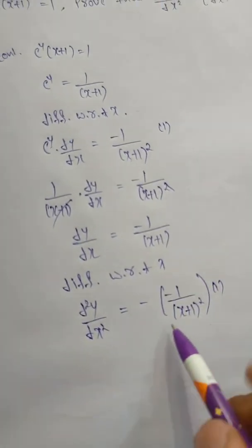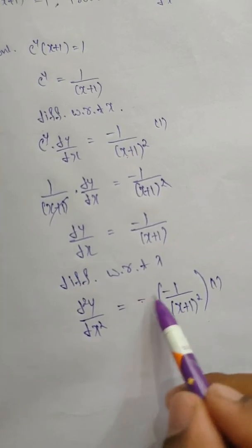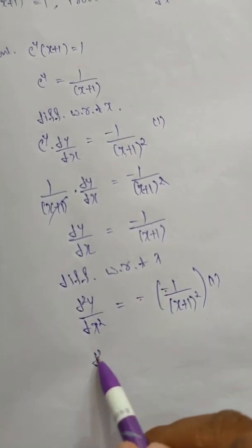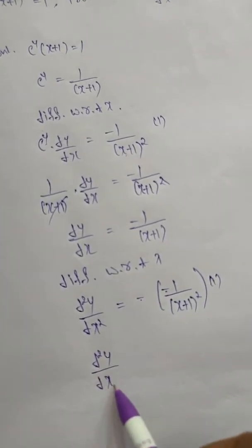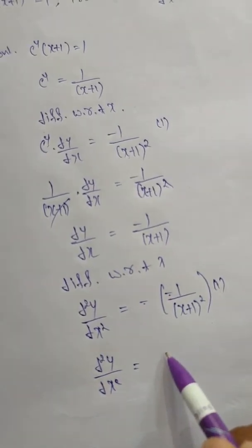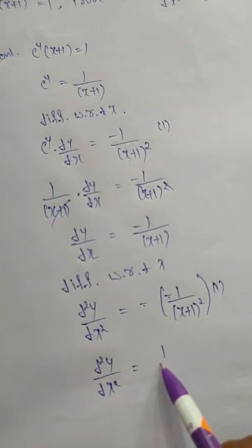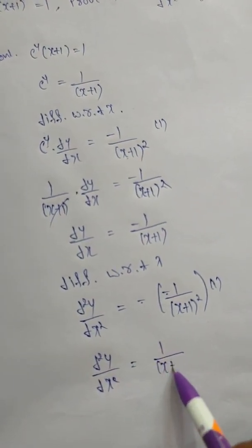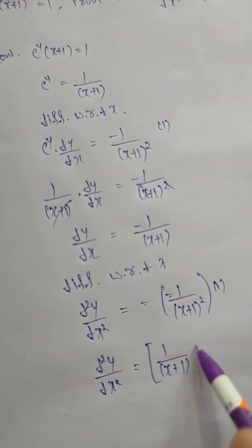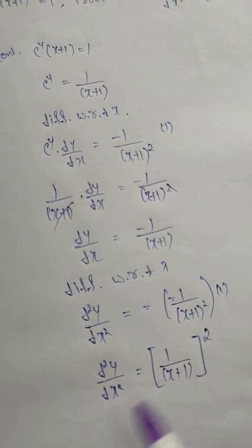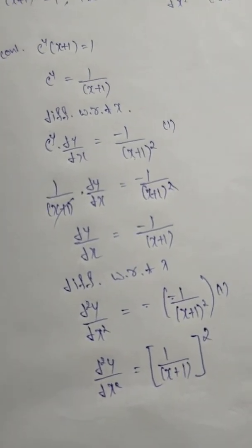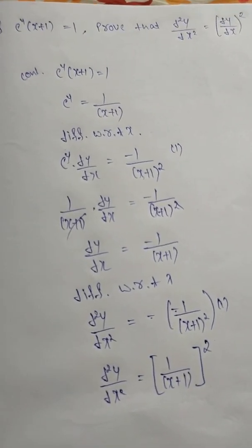Here this minus will become plus. So d square y by dx square is equal to 1 by x plus 1 whole square. Now see here, we are almost at the end of the problem.